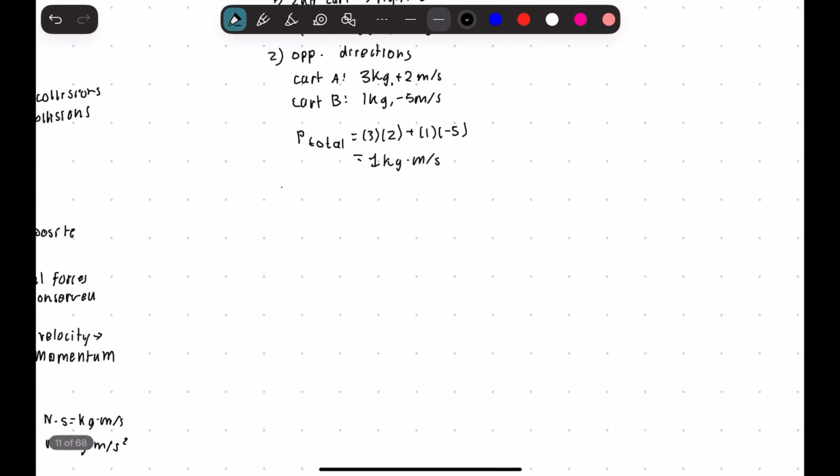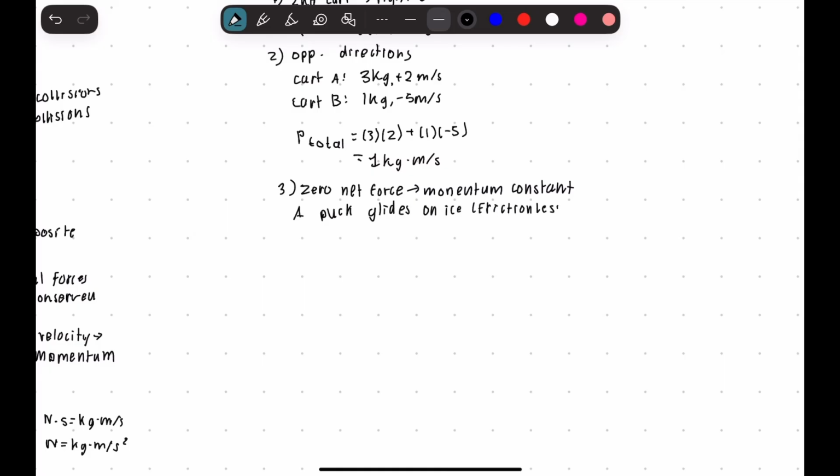So let's say for a third example, this is a problem about zero net force, which means that momentum is constant. In this scenario, let's say we have a puck that glides on ice, which means that it's frictionless.